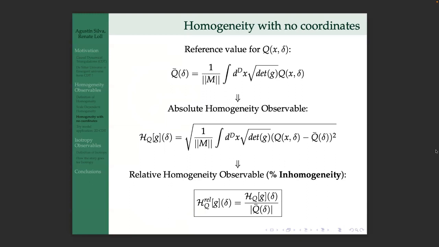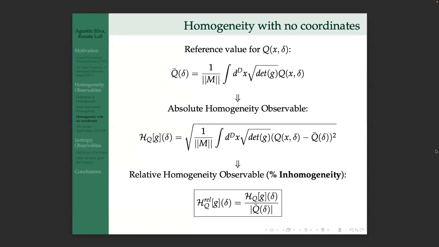Q bar delta is just the average of this coarse-grained property all over the manifold, and this is our reference value. So we should study deviations from this reference value. And if one takes the quotient between this standard deviation and the absolute value of the mean value of this property, one has a quantity that determines percentage deviations from perfect homogeneity.